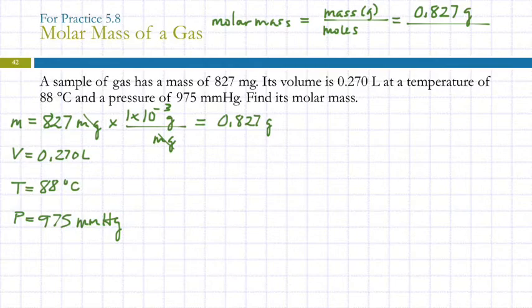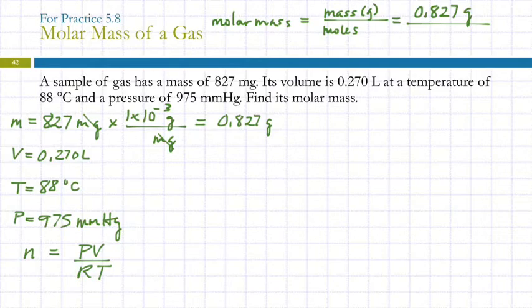We need to find the amount of gas in moles. We have the volume, the temperature, and the pressure. So that's going to be the ideal gas law, right? So n is going to be equal to PV over RT. That's just taking PV equals nRT and solving for n.